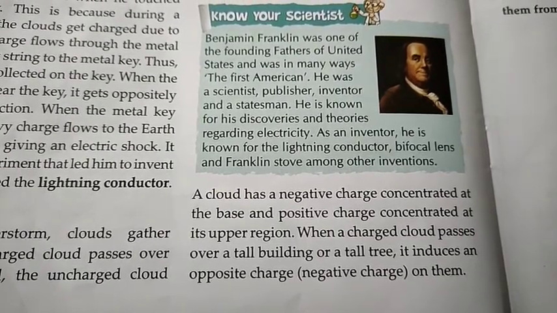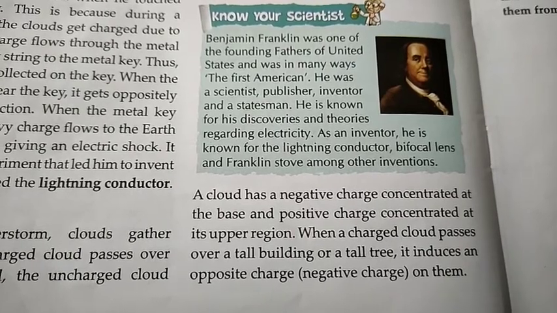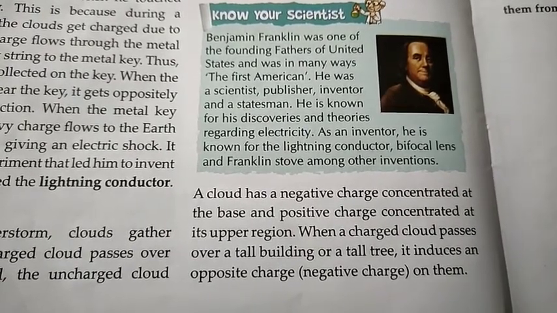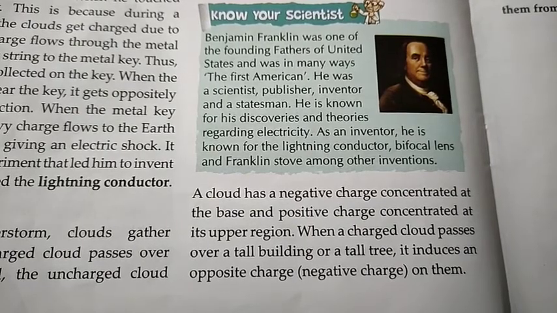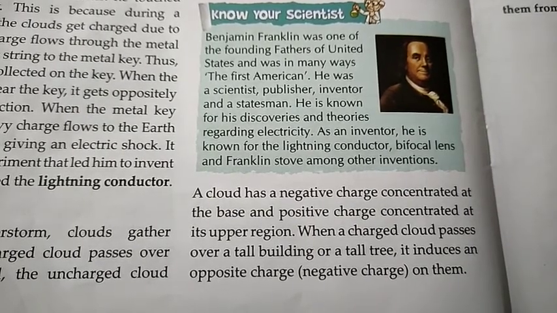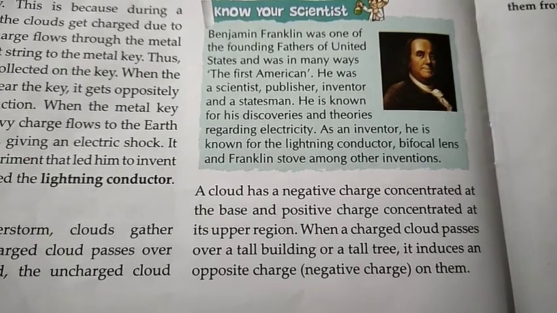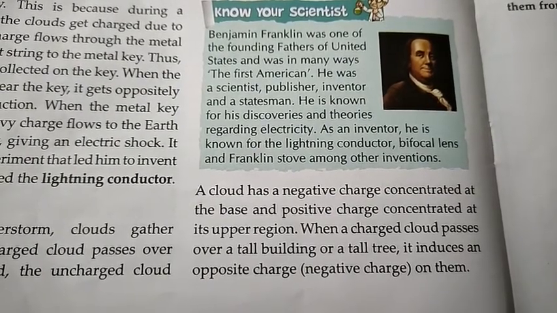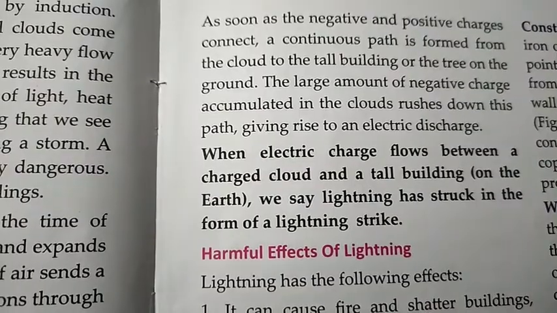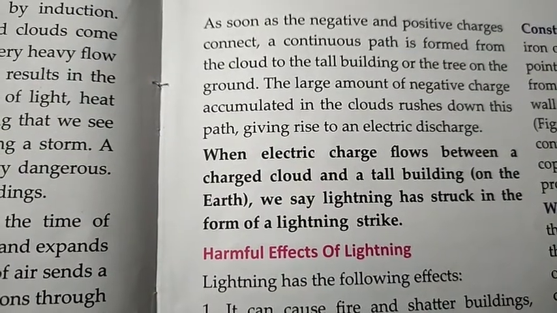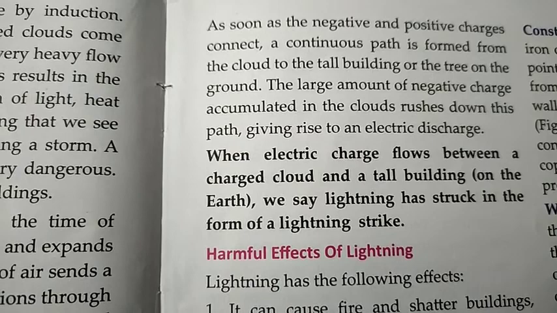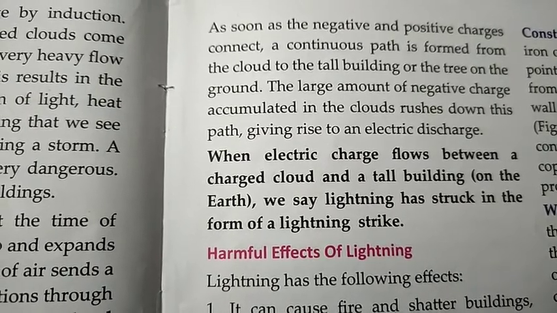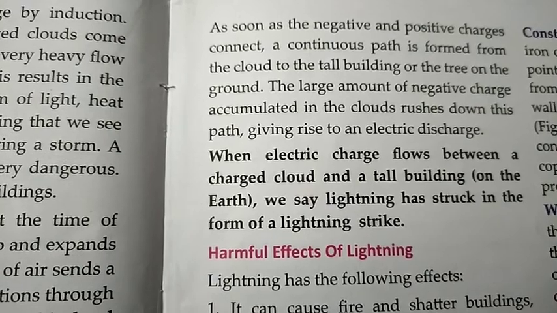So whenever a charged cloud passes over a tall building or a tall tree, what happens? It induces an opposite charge, that is negative charge on them, because its upper region is positively charged. So when the negative and the positive charges connect, they form a continuous path from the cloud to the tall building or the tree on the ground.